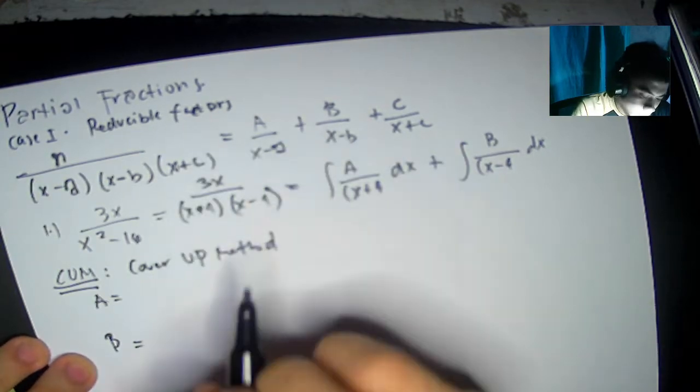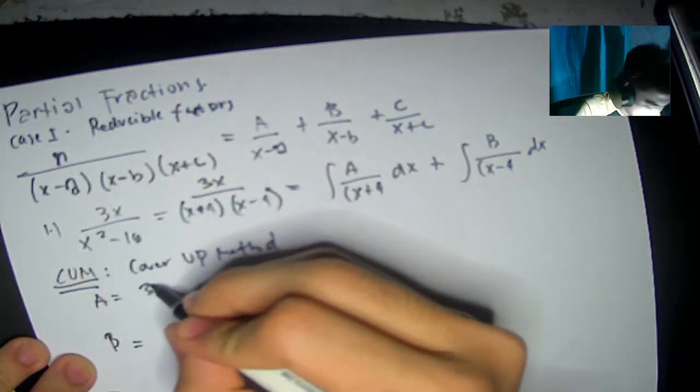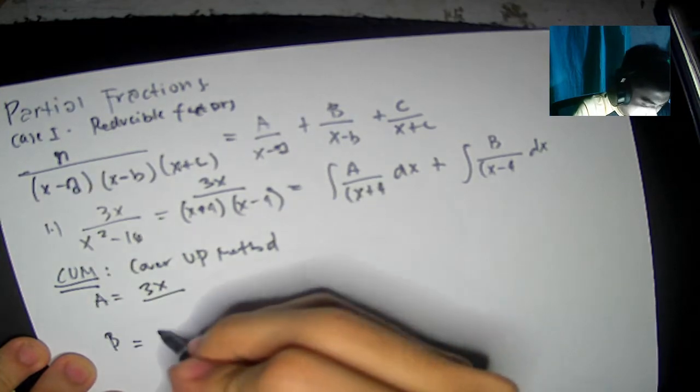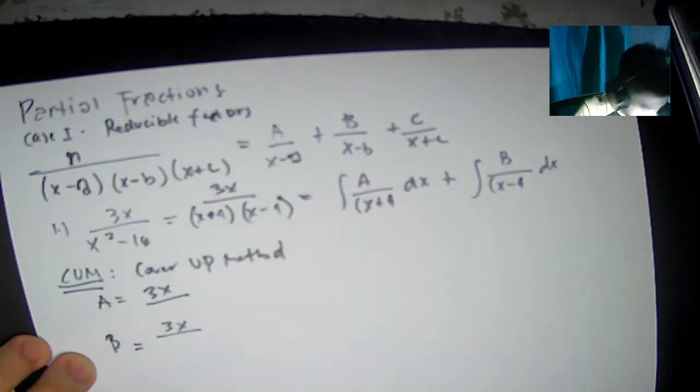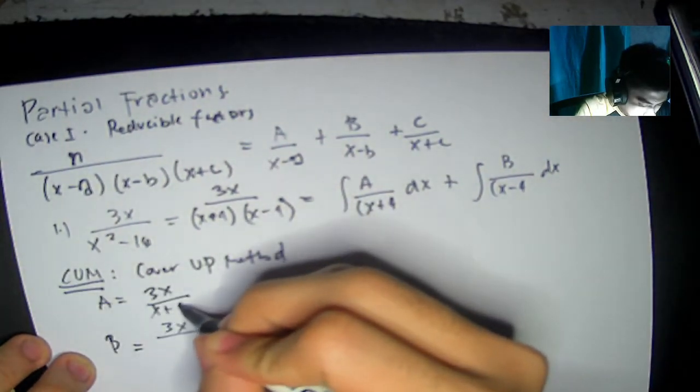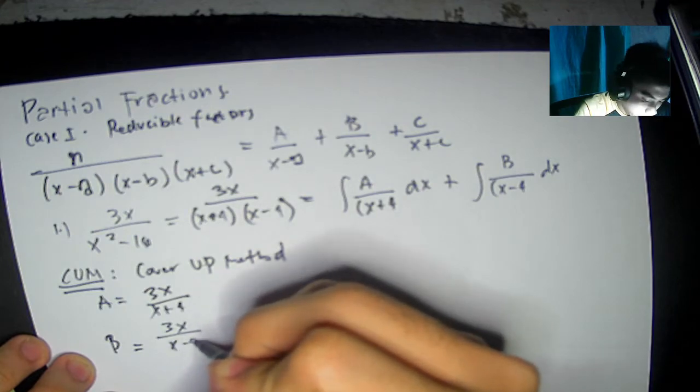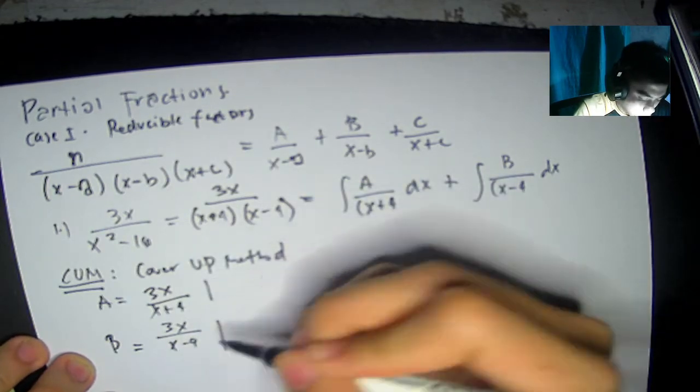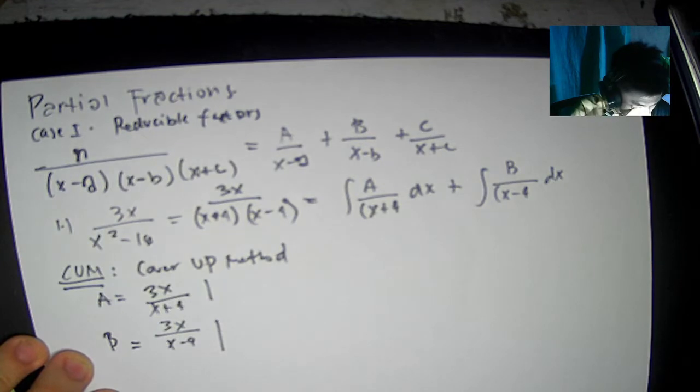So we have 3x. The first term is what? x plus 4. And the second is x minus 4.